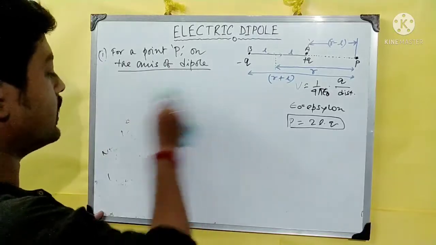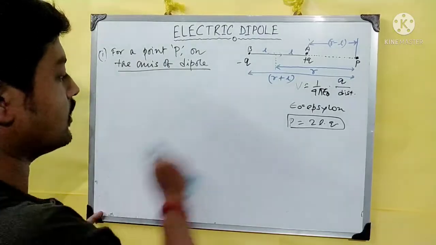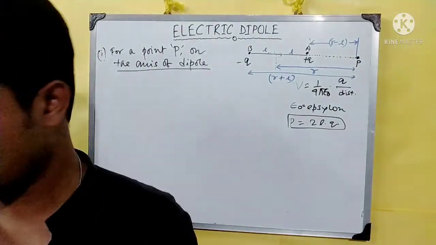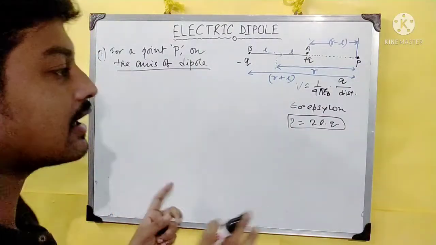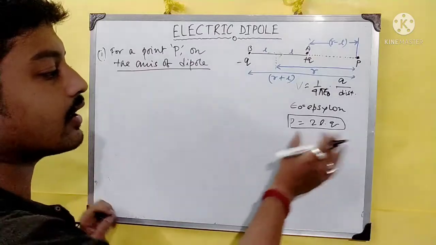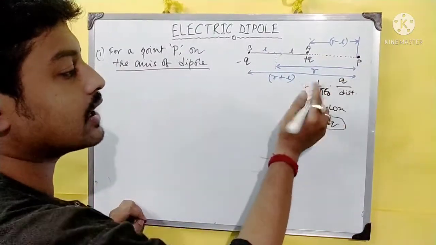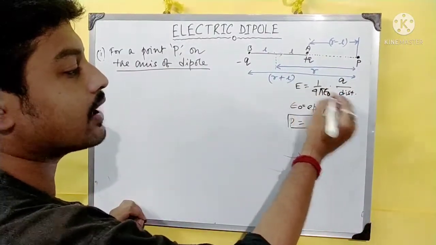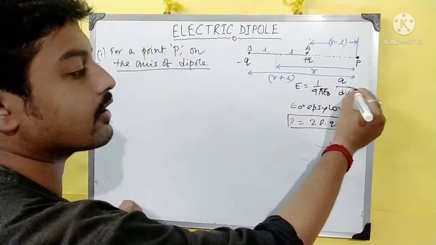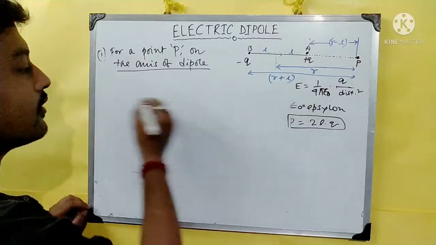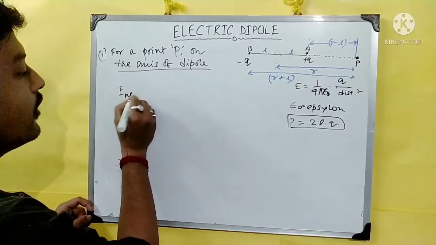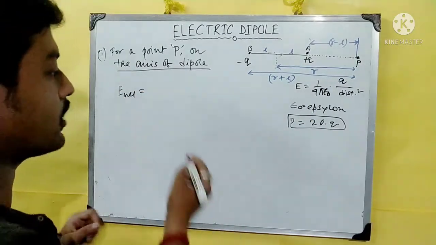For calculating electric potential and electric field, there is a similar kind of expression, only the difference is that in case of electric field, this expression becomes q by distance square. So electric field net will be similar to electric potential.